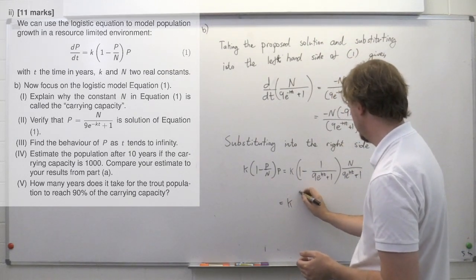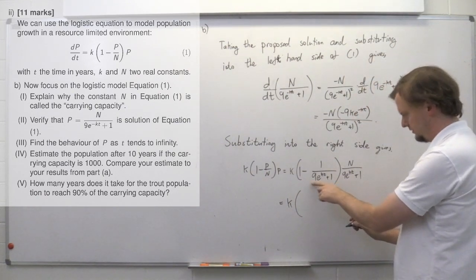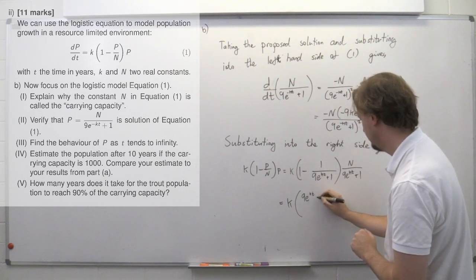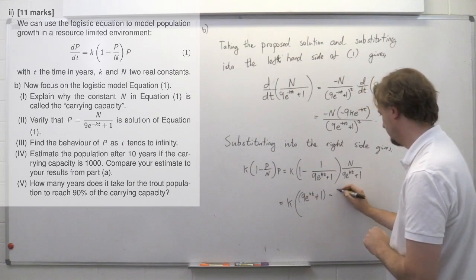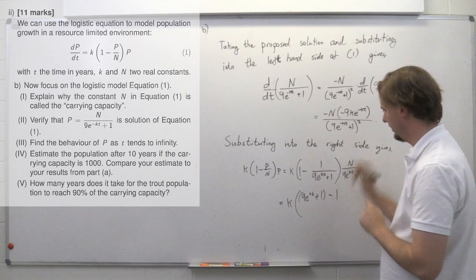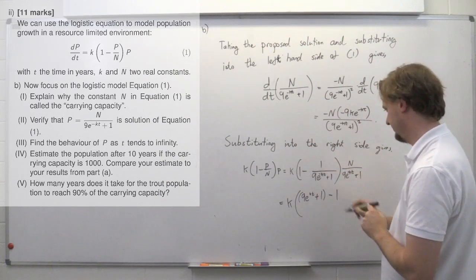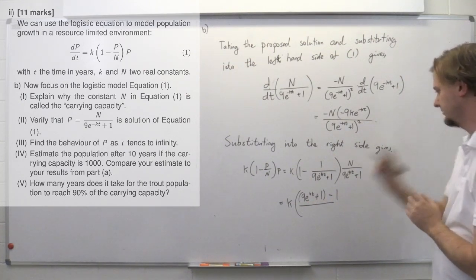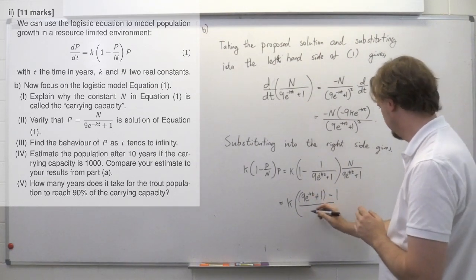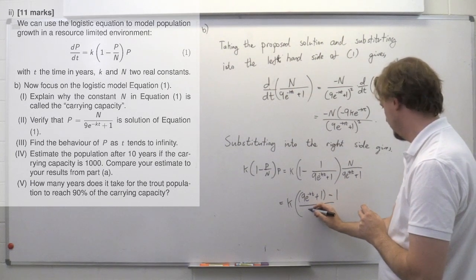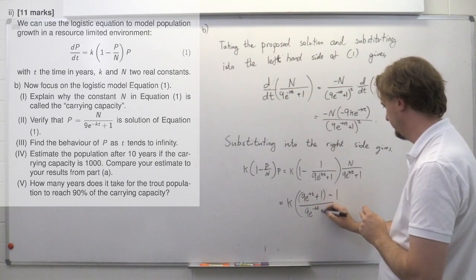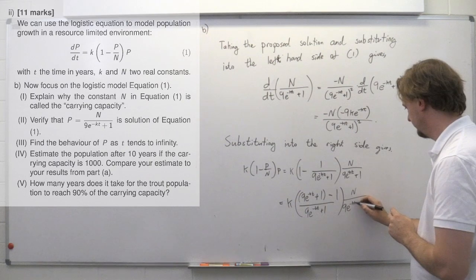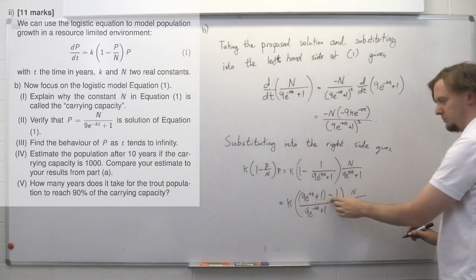So putting it over a common denominator of 9e to the minus kt plus 1, I get 9e to the minus kt plus 1 minus 1 in the numerator as well, and that was over 9e to the minus kt plus 1, all times what was on the outside. So, well, this is just plus 1 minus 1, that term goes away.